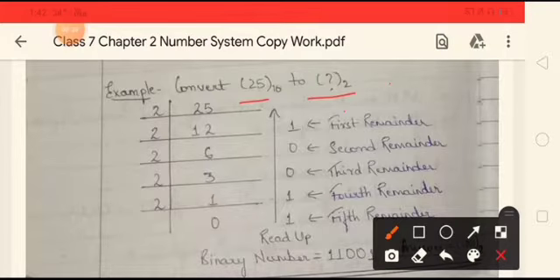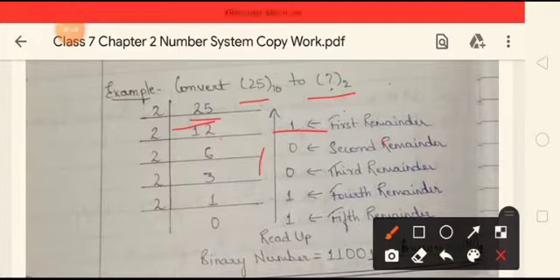When we divide 25 by 2, we get 12 as the quotient and 1 as the remainder, because 2 couldn't completely divide 25.